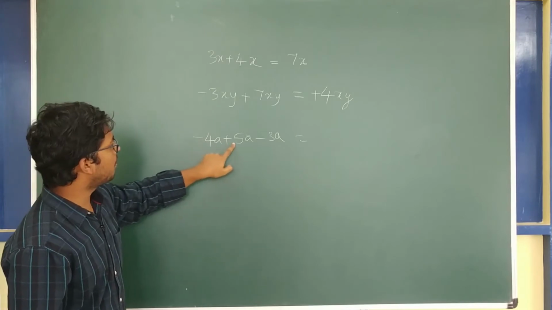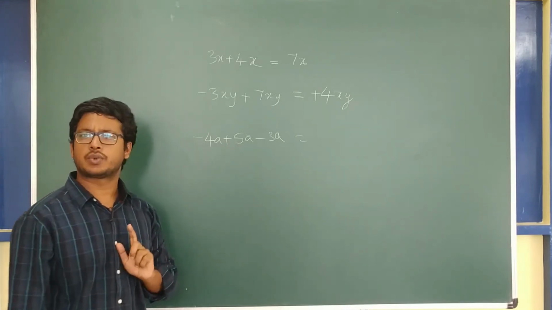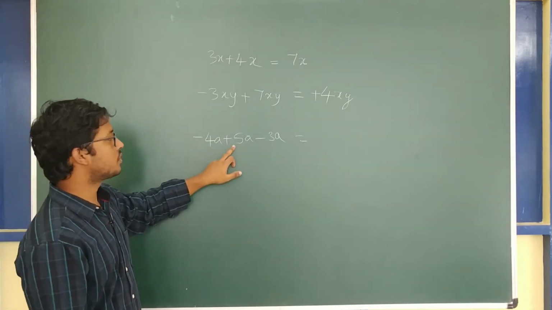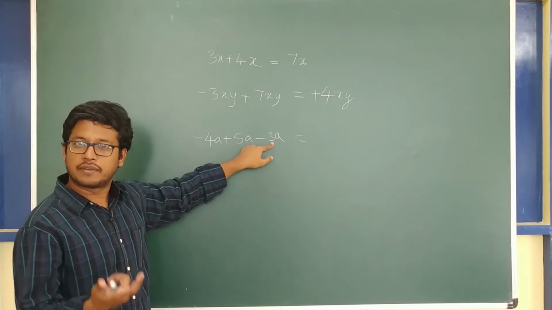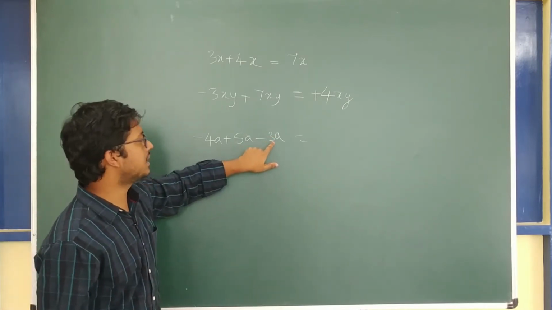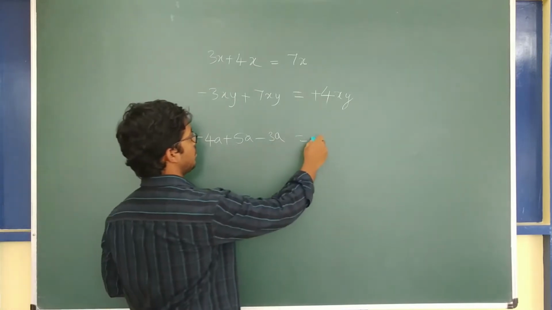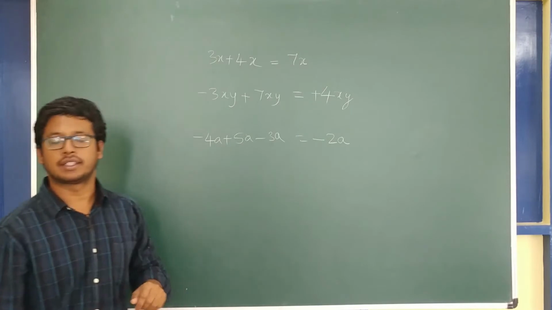So minus 4 plus 5, different signs, so we subtract them. 5 minus 4 is 1 and the bigger number is 5, so it will be plus 1. Plus 1 minus 3, different signs, so we subtract. 3 minus 1 is 2 and the bigger number is 3, so it will be minus 2. So finally it will be minus 2a, with the variable as it is.